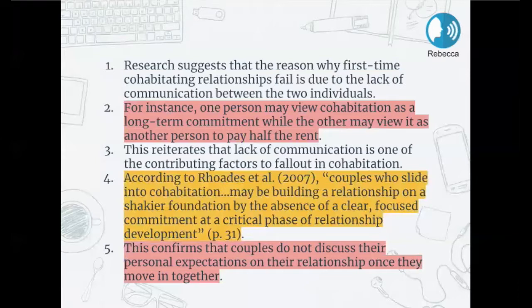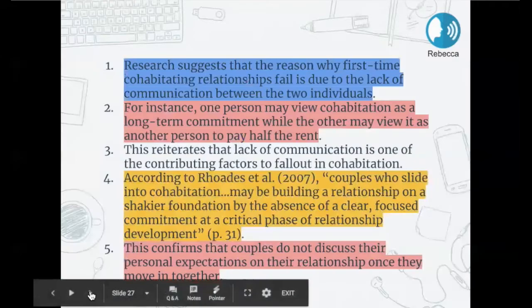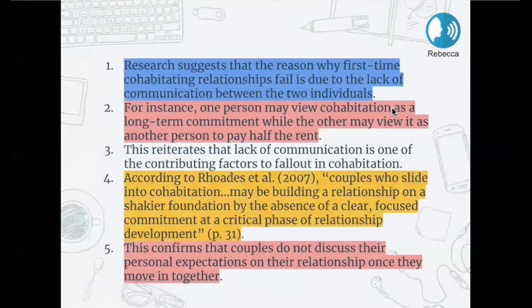Okay, so now that we've gotten E and A, we're stuck with M and L. So which of 1 or 3 is the main idea? Everyone says it's 1. Okay, good job, guys. That is correct. So that would be the start of the body paragraph, saying research suggests that the reason why first-time cohabiting relationships fail is XYZ.